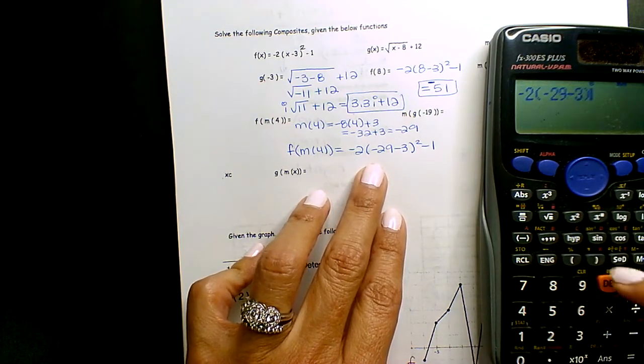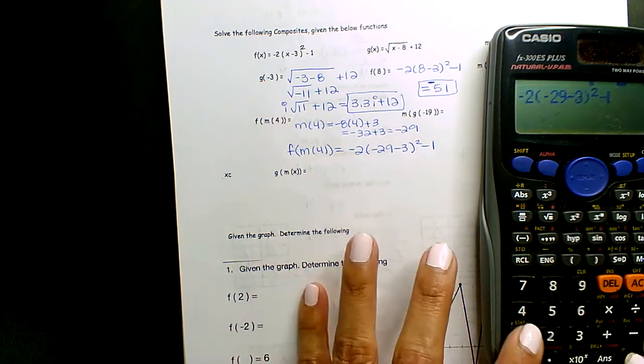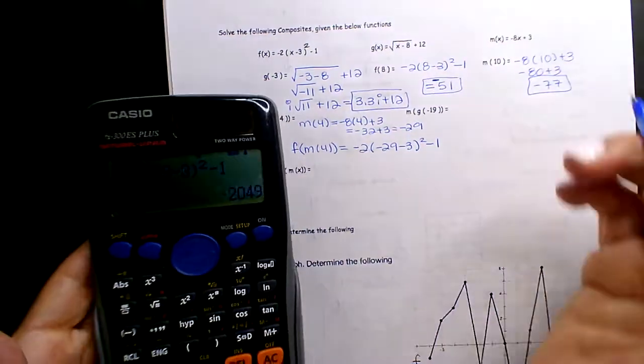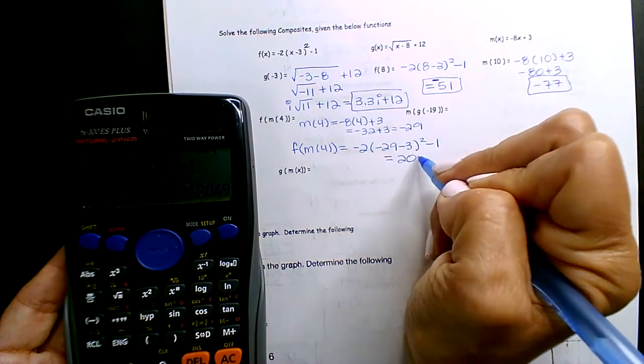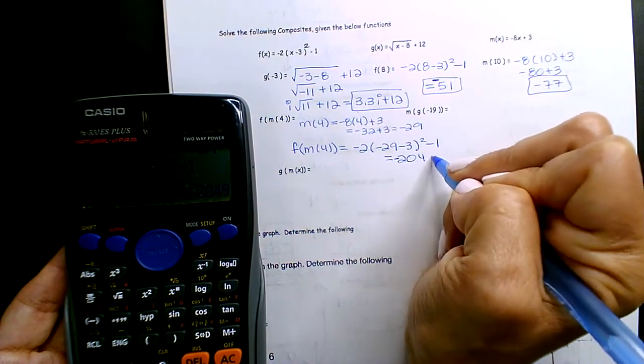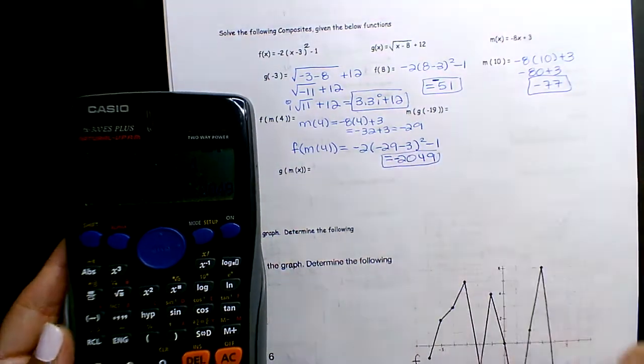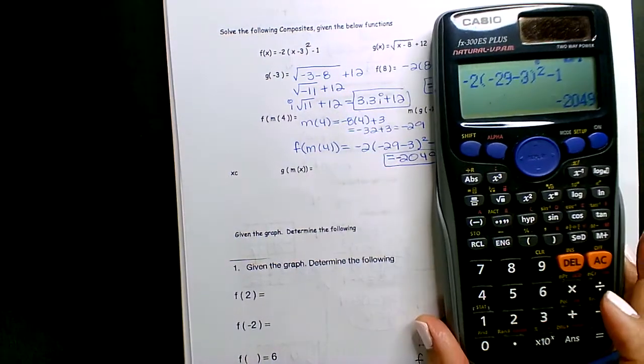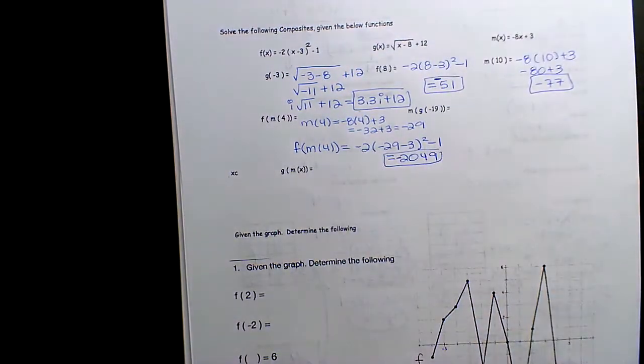Squared, minus 1. Negative 2049. Keep reading my little negatives. So negative 2049 is fair, yeah?